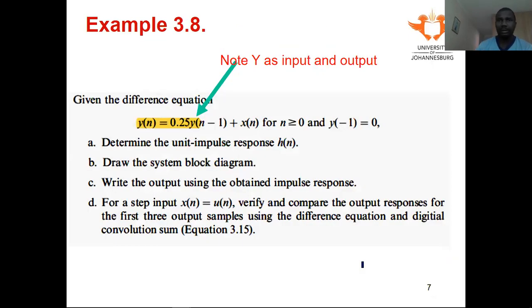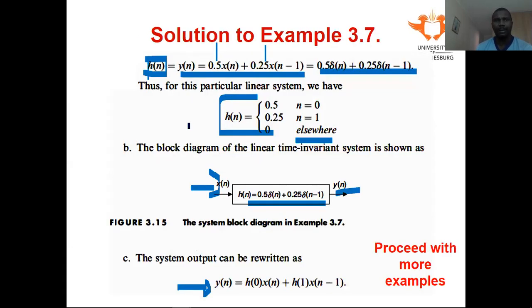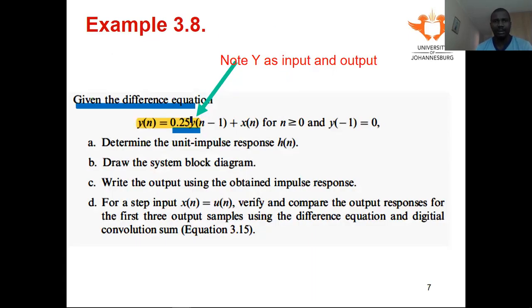Now, there's another one. If you are given another difference equation, it's important to note that in this instance, unlike the previous one, where there was no y at the input, this one has got y of n, which is added to x of n.